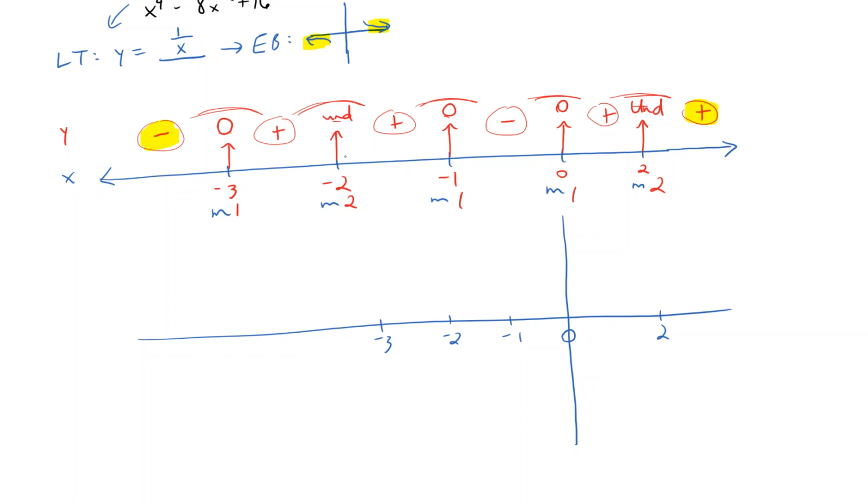Then draw in your end behavior on the left end and the right end. And finally, use the signs in the middle here to determine the behavior of the function between your zeros. Okay, so pause your video. Try to work through the entire graph. Take your time. It takes some practice to get quick at this, but once you get it, it's not bad. And then come back and see if you got it right.